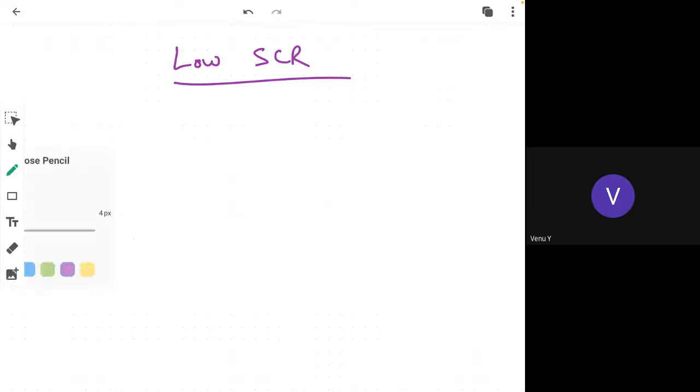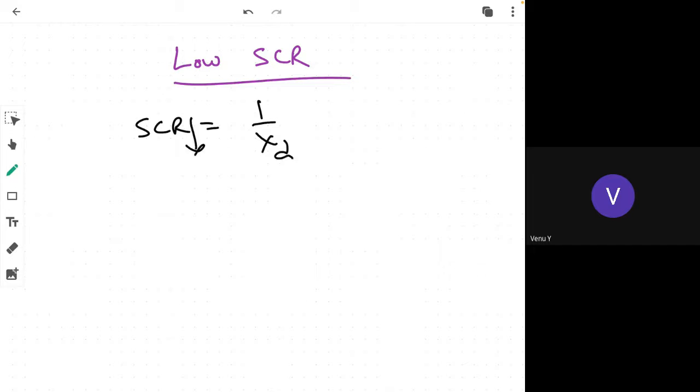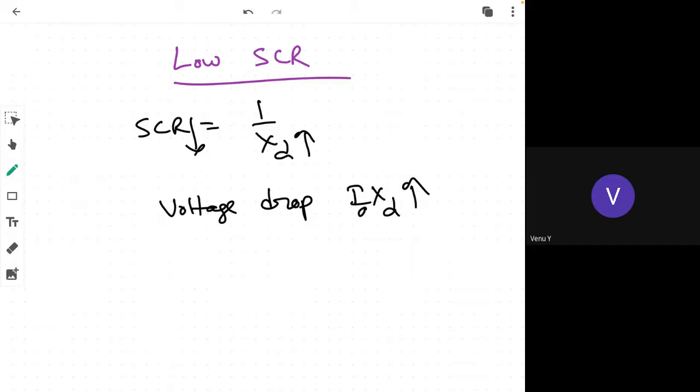Now, let us consider SCR equal to 1 by XD. SCR is low means XD is high. So therefore, the voltage drop I into XD, anyhow IR drop is very negligible compared to IXD drop, and hence the IA into XD drop has been increased.